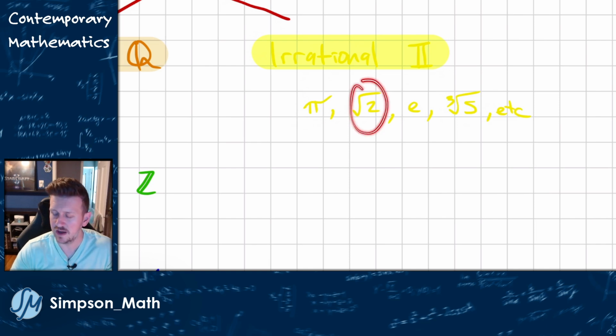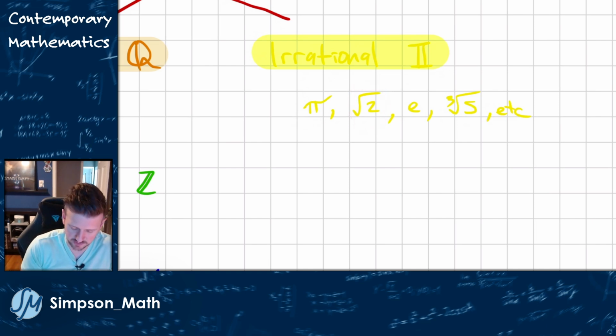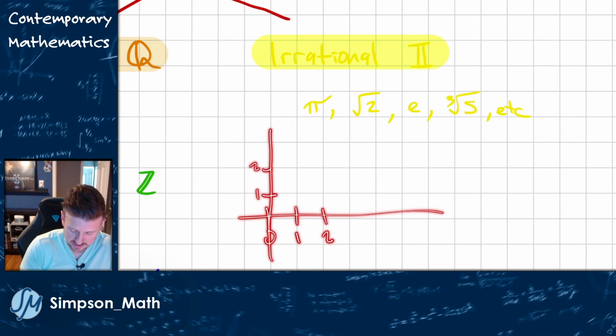Square root of 2. I like to think about square root of 2. I'm going to ramble for a second. If I have a number line here, here's 0, here's 1, here's 2. Let's say I have another number line going vertical, 1 and 2. This distance here, using some geometry we learn, is square root of 2. So if I let that fall down, it lands at square root of 2, which is about 1.41-ish.